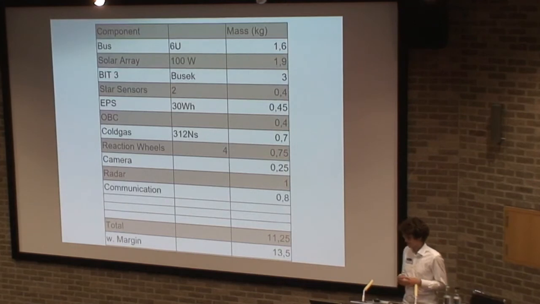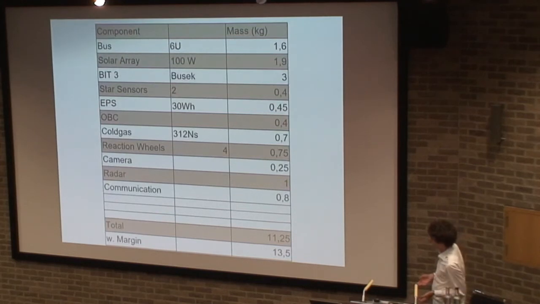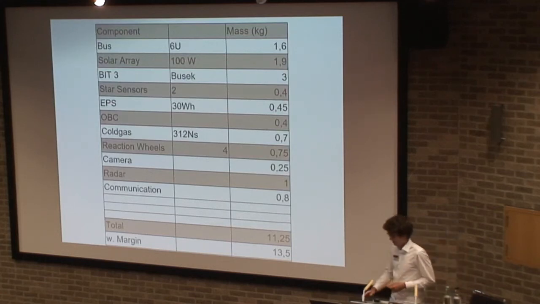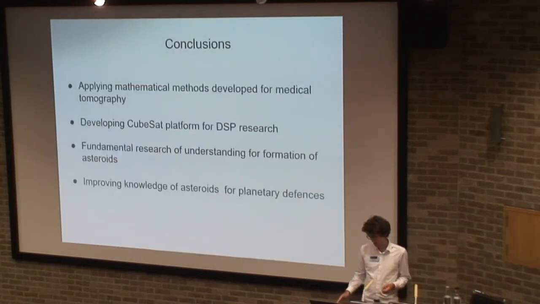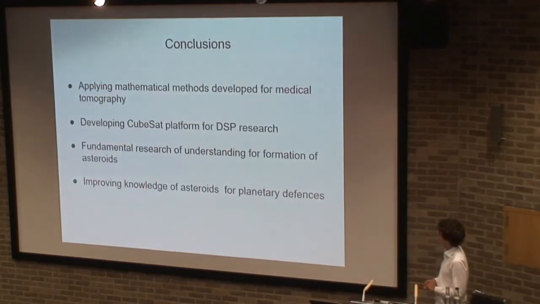We just took the off-the-shelf components we got, and roundabout with margins, we reached 13.5 kilograms. From roughly what we did, we used proven mathematical models from a different field, tomography from medical applications.